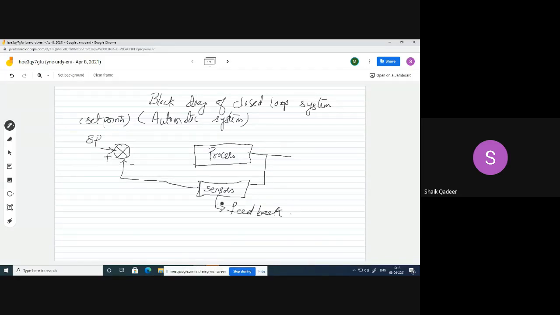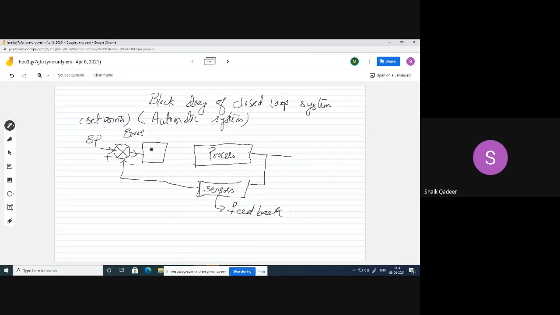So the feedback values are compared with the static values, which are actually our benchmark. If any difference between these two is observed, it is called error. Do you agree with this? Yes.